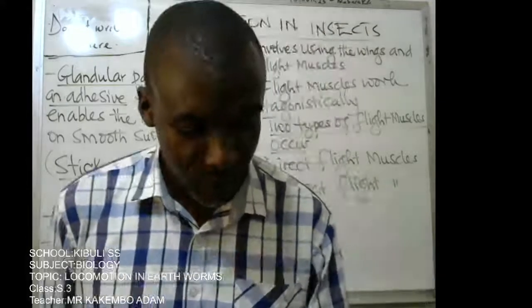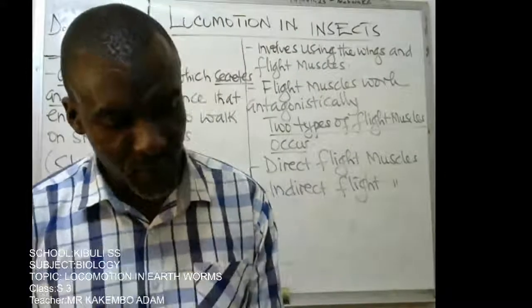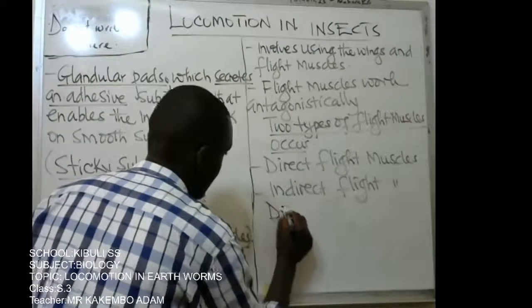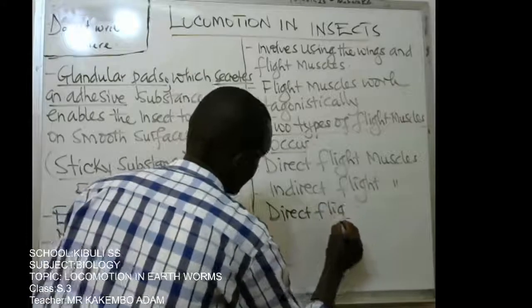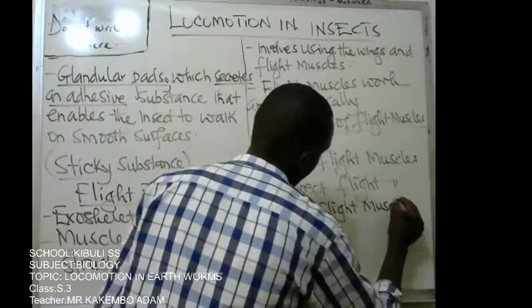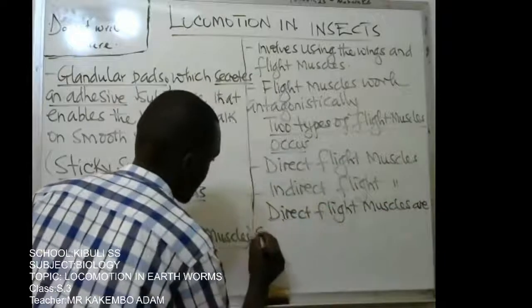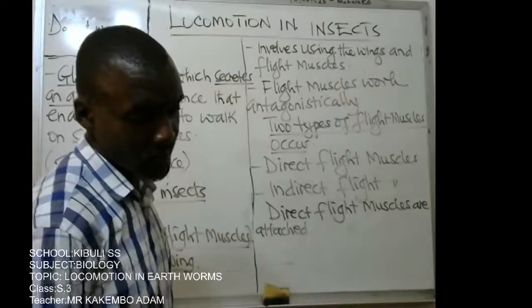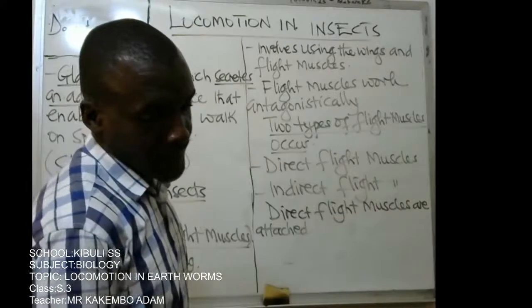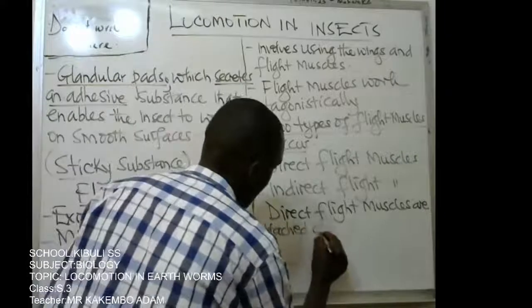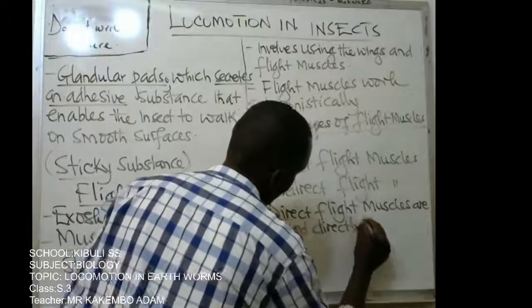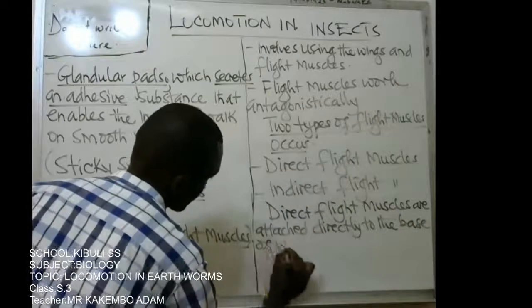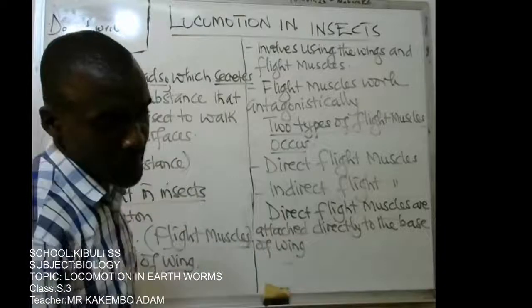The main difference is that the direct flight muscles are attached directly to the base of the wing.